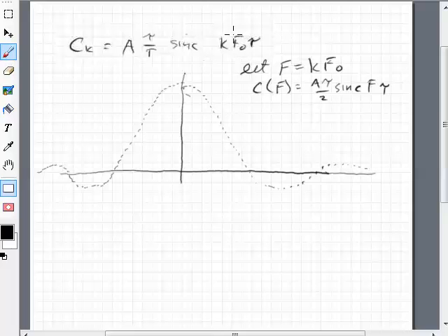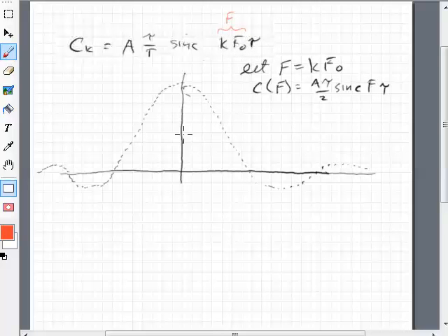Okay, so let kf naught equal f. And now that's a continuous variable, and really it makes sense because kf naught is the kth harmonic, but now we're just going to say f.